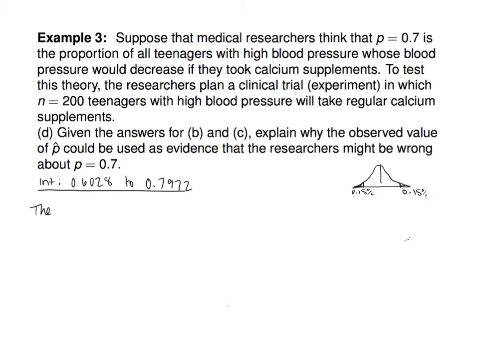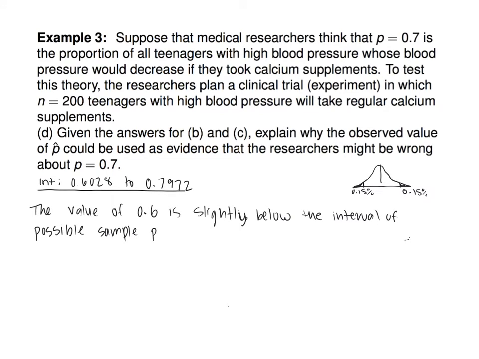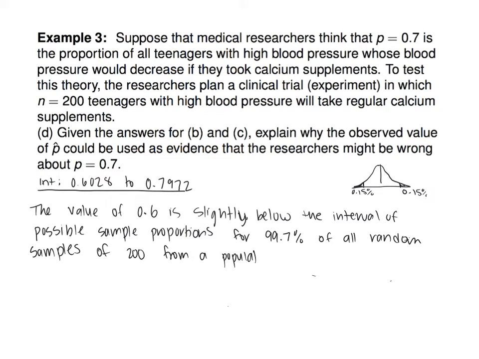The value of 0.6 is slightly below the interval of possible sample proportions for 99.7% of all random samples of 200 from a population where p was equal to 0.7.